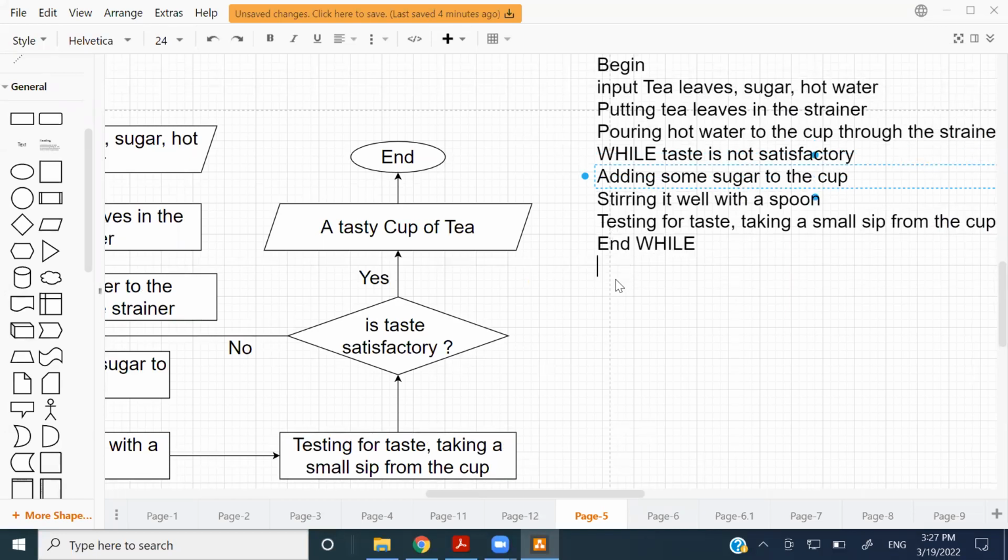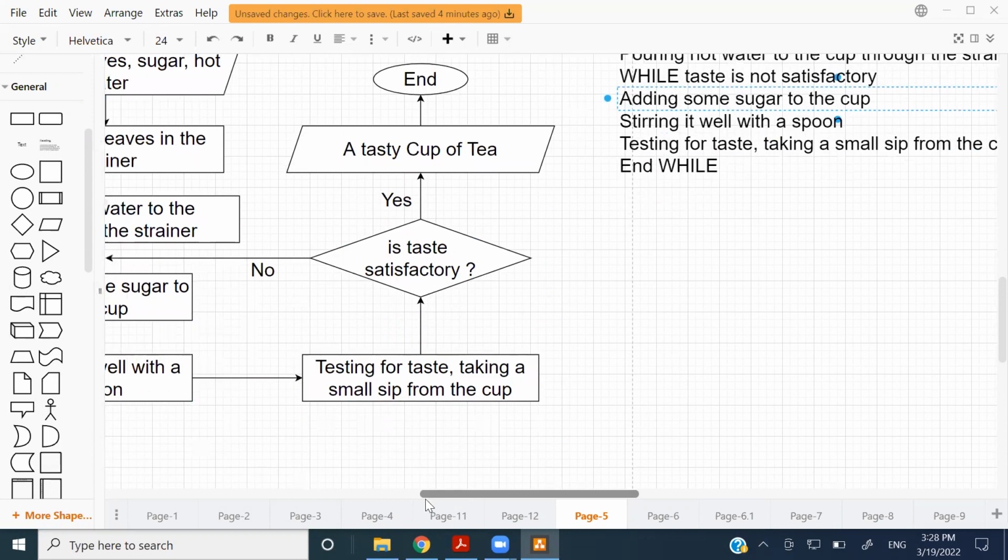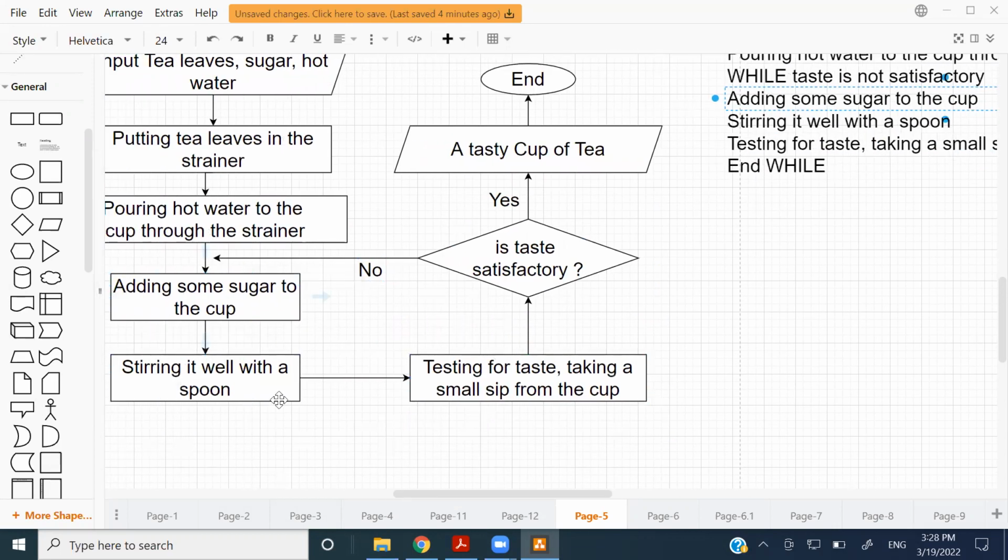Once the end while happens, end while means this iteration structure is done. Iterating things are done means you are not going to iterate anymore. So you are going to go on the other path, right?